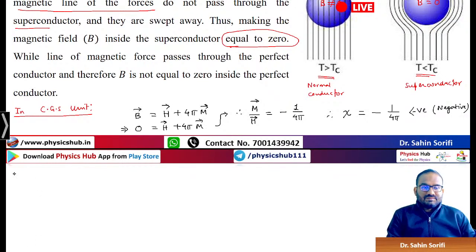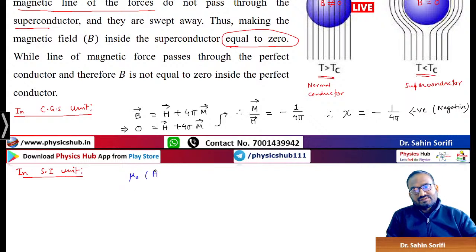Now, if we do the same thing in SI or MKS unit, the same relationship B becomes mu naught times (H plus M). This is equal to 0, so H plus M equals 0, or M by H equals minus 1.